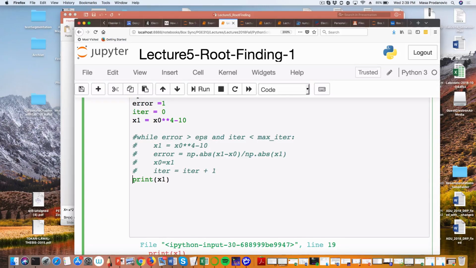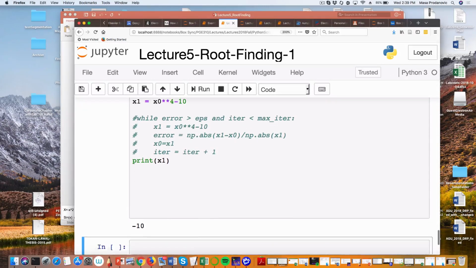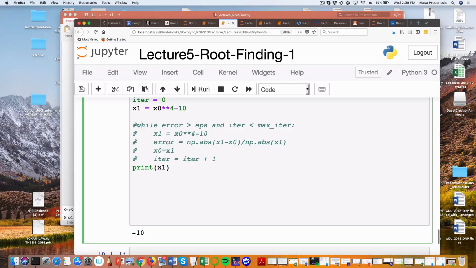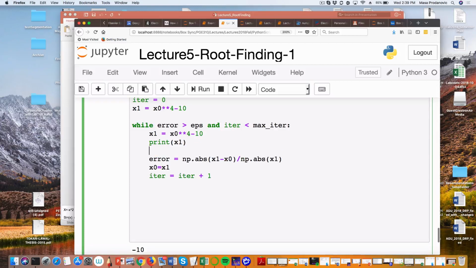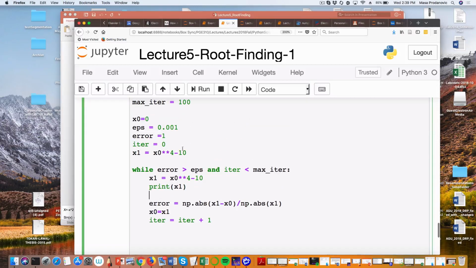Unexpected indent, fine. Okay, so this one is fine. I'm going to limit myself to 5 iterations.